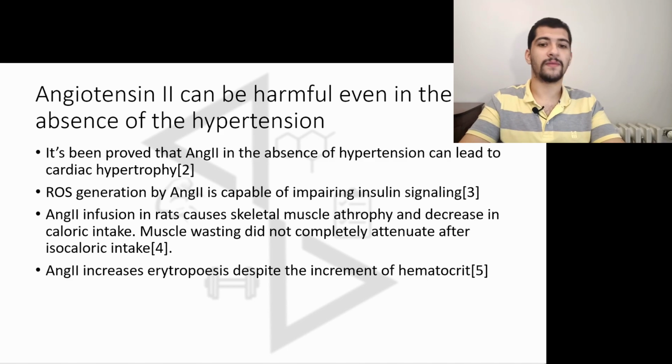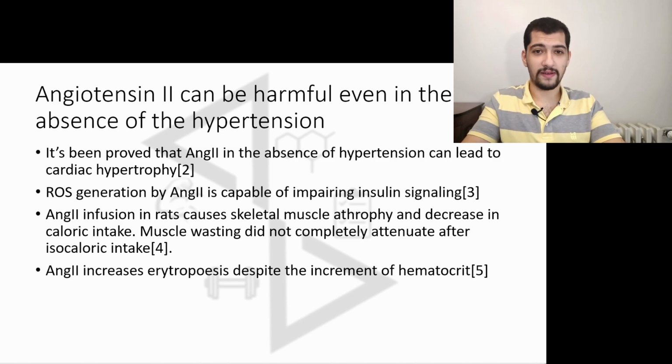And as I've said, angiotensin 2 can be harmful even in the absence of hypertension. The medical doctors do an amazing job, telling people to control their blood pressure, which is amazing. But even in the absence of hypertension, angiotensin 2 still has harmful effects.